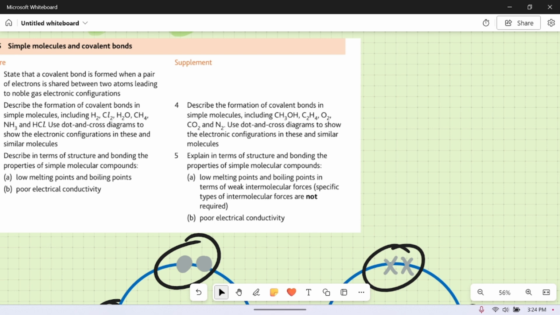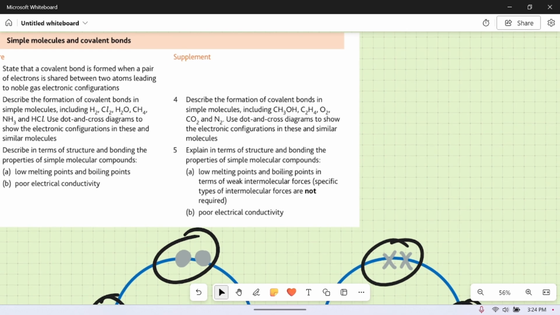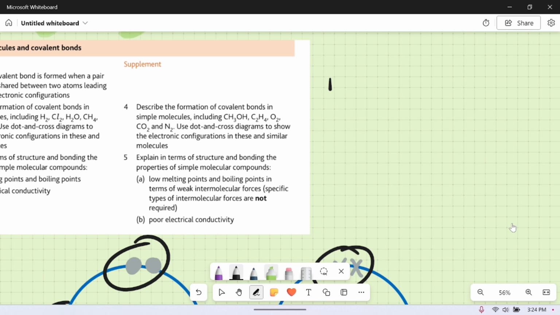So let's talk a bit about the properties of these simple molecular structures, and we're going to relate them to the type of bonding and structure there is.